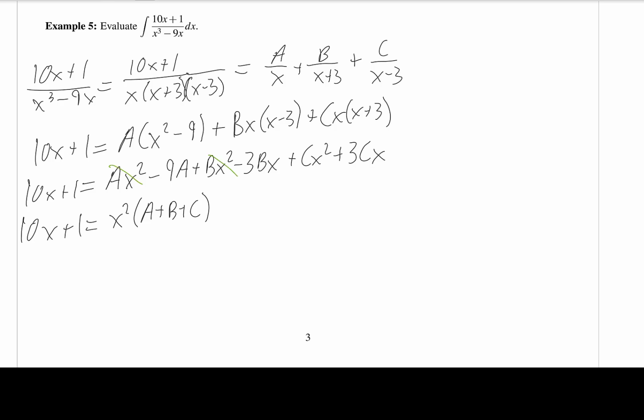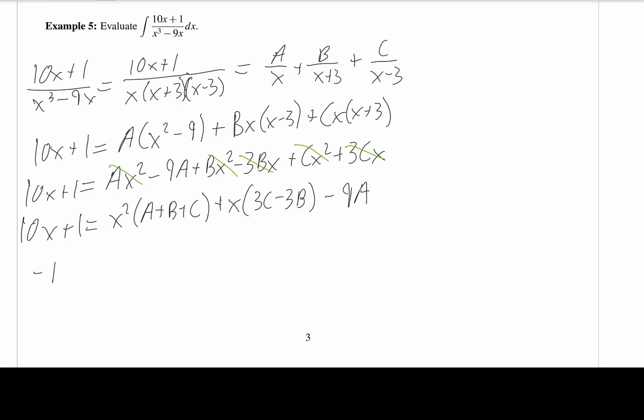So that's my ax squared, bx squared, cx squared. Then I should have x times 3c minus 3b. So that's this part, and then minus 9a. So this is our constant. It has to be equal to 1.